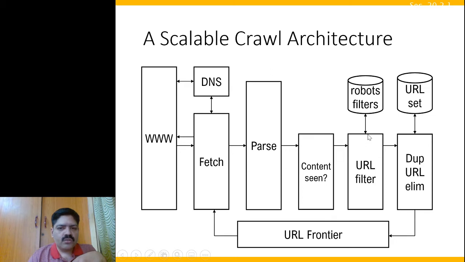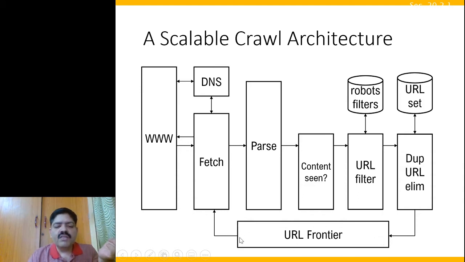If the robots.txt file allows us to download them, we take the URL to the next step. In the next step, we want to ensure that these are not duplicate URLs which are already fetched or which are already in our queue. Once we have done that check, finally we put all our URLs to be fetched into what we call the URL frontier.